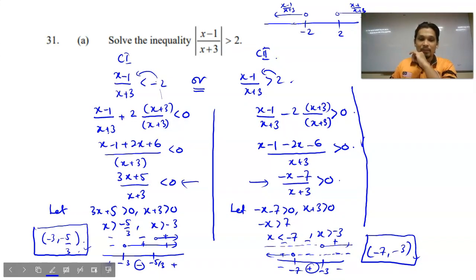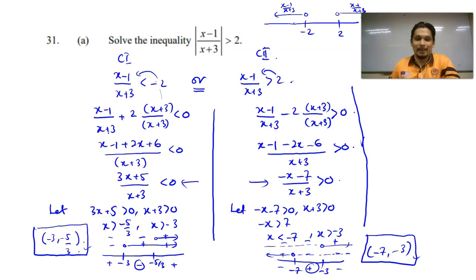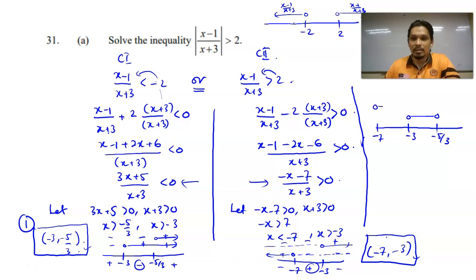Just imagine that I bring this and this into one number line. Solution number 1 is between -3 until -5/3, and solution number 2 is from -7 until -3.